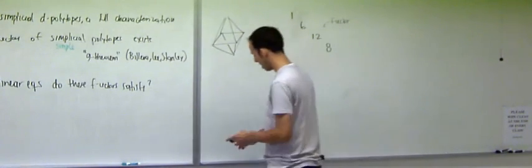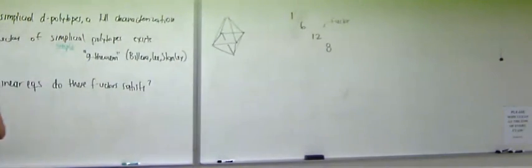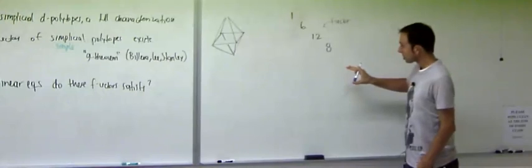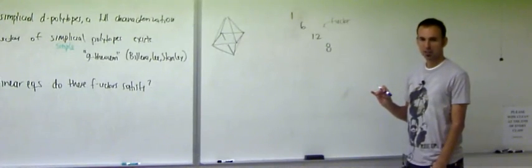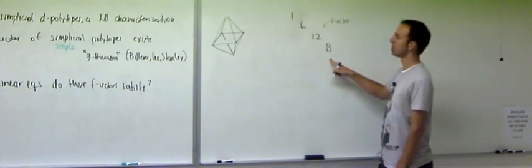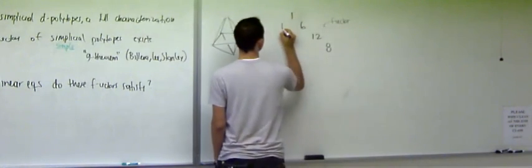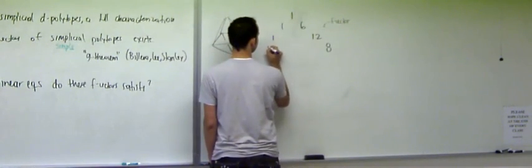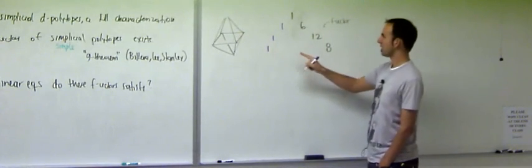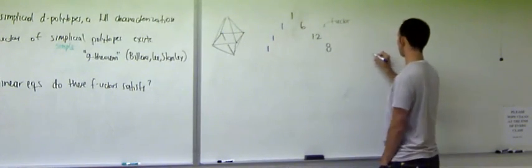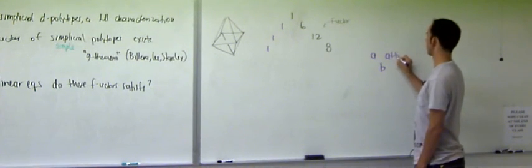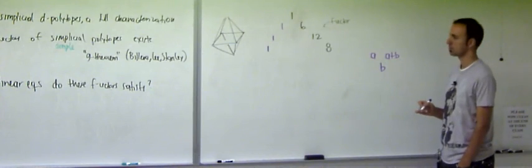So I'm going to do something kind of strange. I'm going to do something that's kind of like a Pascal's triangle, but different. So this is going to be the right side of the triangle. The left side of the triangle is going to be a bunch of 1s. And then this triangle is going to satisfy that if A is here and B is here, then B minus A is below.